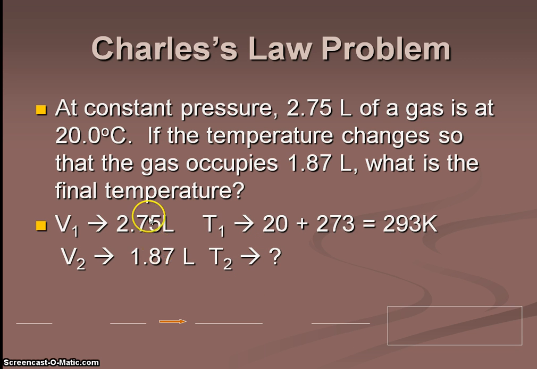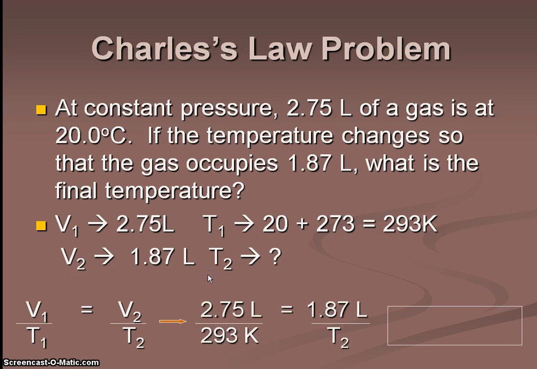So these are our variables. We've got our initial volume and our final volume. We have the initial temperature, don't forget to make it Kelvin, and we're looking for that final temperature. So here's the equation. You just have to plug in everything and solve for T2. Now, a lot of people have trouble solving for a fraction, so if you're one of those people, to get rid of it, you can just cross multiply.